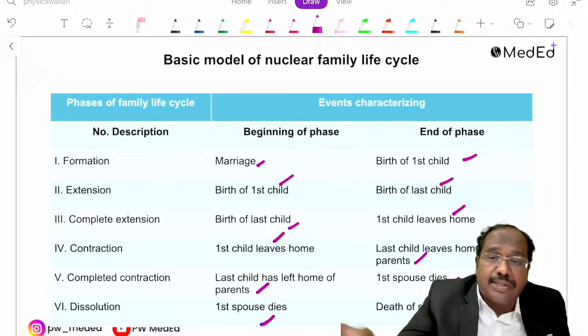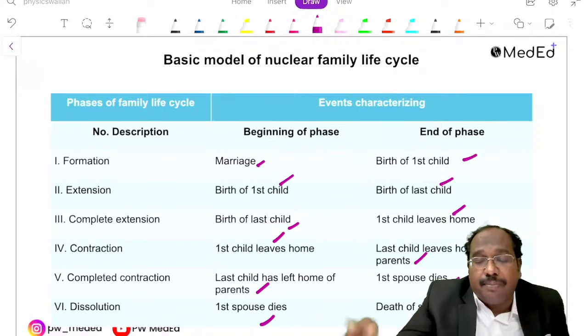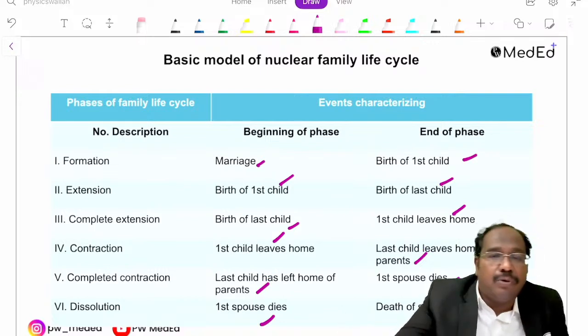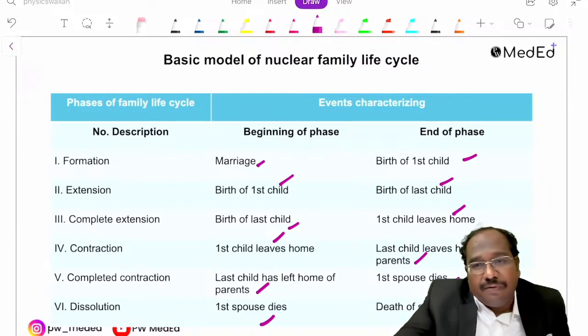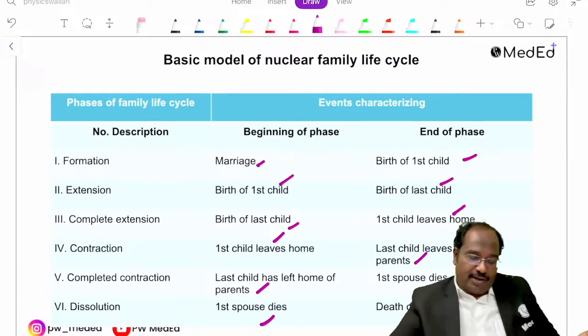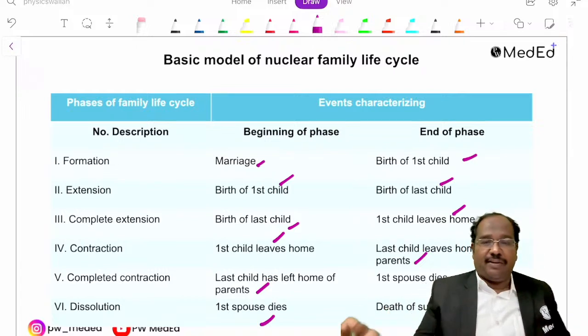Extension, first child to last child. Complete extension takes a long time actually, birth of last child to first child leaves home. Then contraction, first child leaves home to last child leaves home. Complete contraction, last child leaves home to first spouse dies. Dissolution means the second spouse also, we can't say first spouse, death of the survivor.